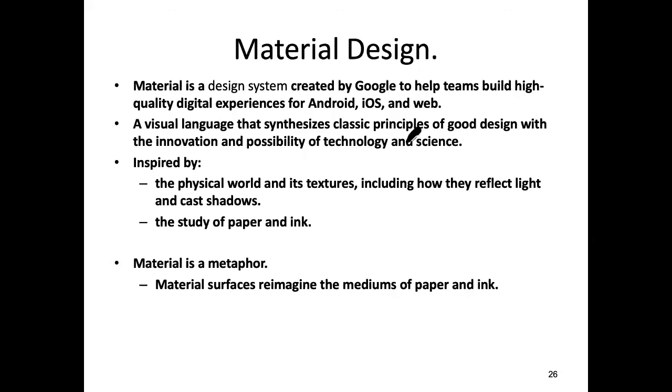And really what they did was they looked at the physical world, and they looked at how we represent design aspects of the physical world, and we represent those designs on pen and paper. And that has been practiced for decades. So there are a lot of good principles of design in terms of how we represent textures of materials and shadows and light, and reflection, and how we represent all of those design aspects on pen and paper.